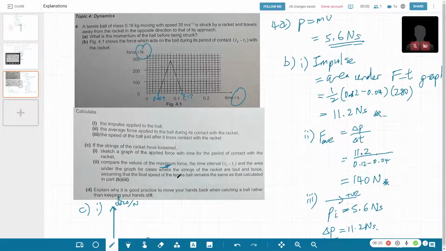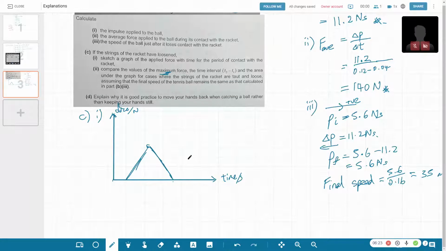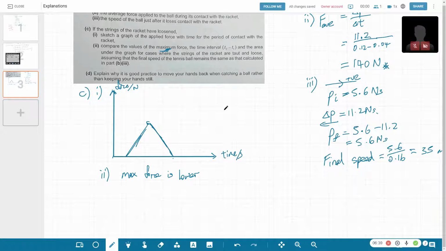Okay, so for C part one, it's not very clear what the question wants. But for part two, max force is lower, and t2 minus t1, the time interval, is longer. They tell you that the final speed remains the same.